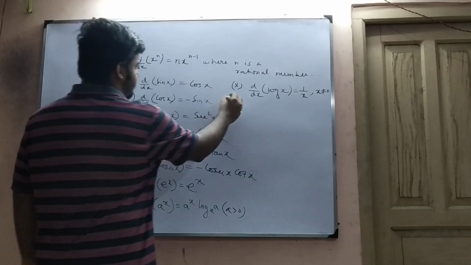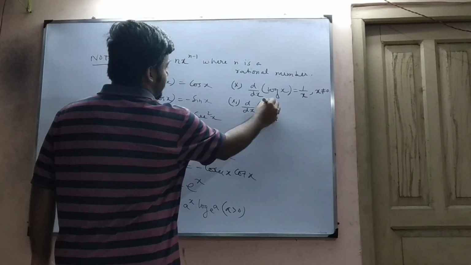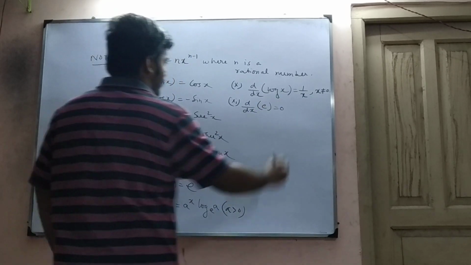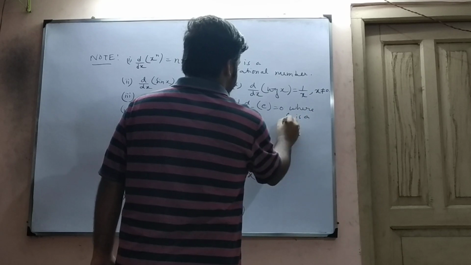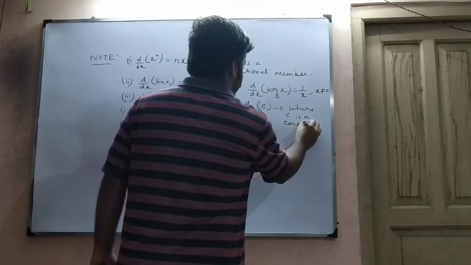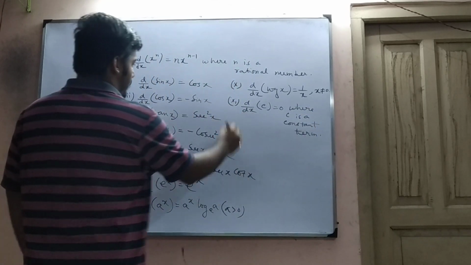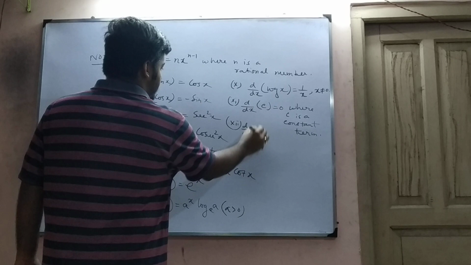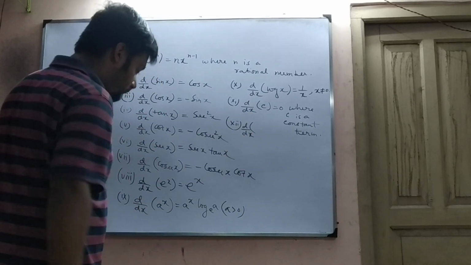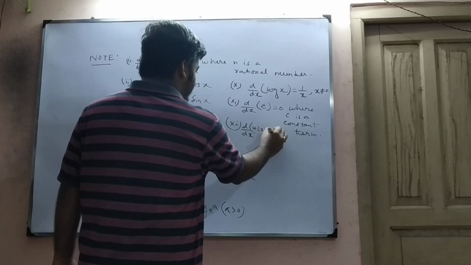And you know, d/dx of some constant term c is 0, where c is a constant term. Number 12, d/dx of u(x) plus minus v(x).